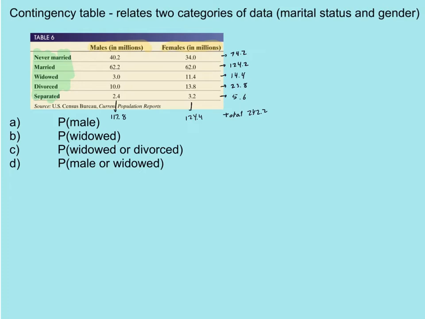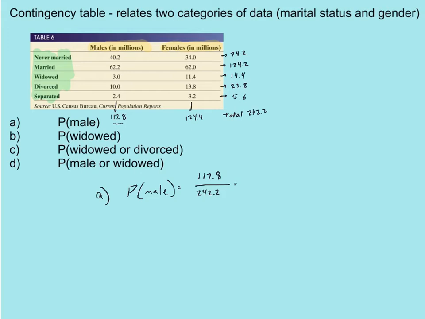All right, so now we're going to answer each of these 4 probability questions. Okay, first is A. What is the probability that a male is selected? So essentially we're asking, if I randomly select someone from this population of people, someone in the U.S. in whatever year this was taken, what is the probability that that person is male? Okay, so P of male is equal to, well, the males are represented by the 117.8 number, so that's 117.8 over the total population, 242.2.